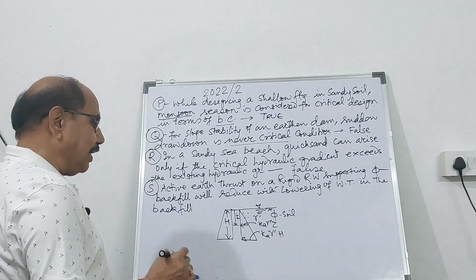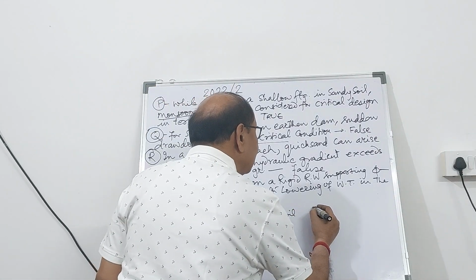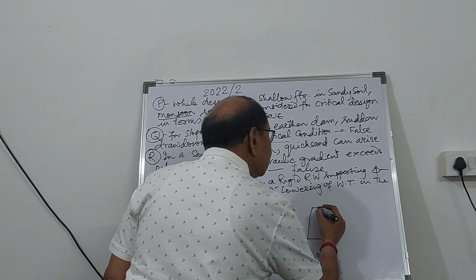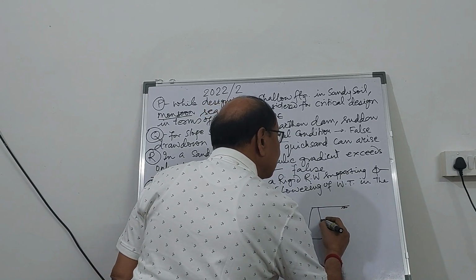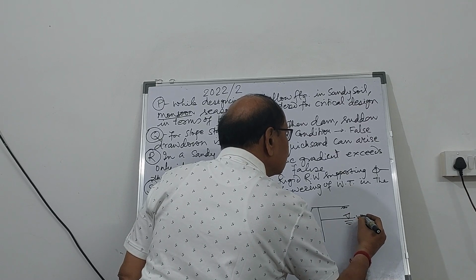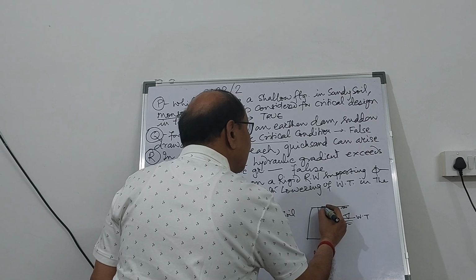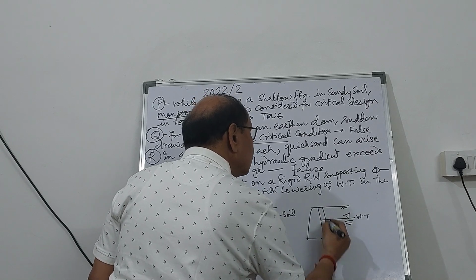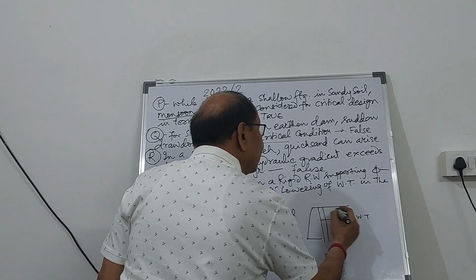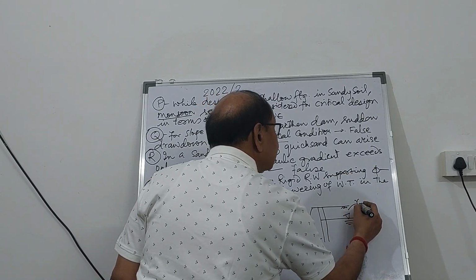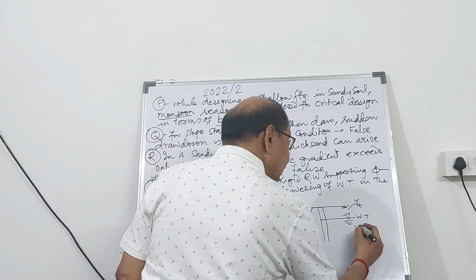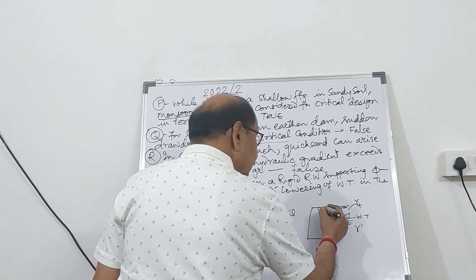Now, let's say the water table is going to be lowered. So in a rigid retaining wall, let's say now the water table has gone down. So what will happen now on active earth pressure? You say here now the unit weight is going to be total unit weight, and here it is going to be submerged unit weight.